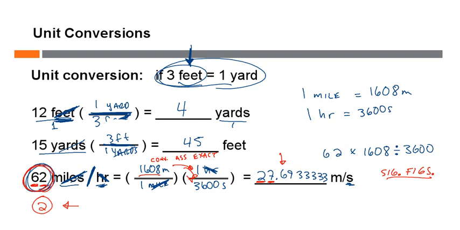So I'm going to round up, and I'm going to say the best answer is 28 meters per second. Now in here, if you go, well, that's about 27.7 meters per second, I can live with that. But the very best answer is this 28 meters per second. It has the proper number of significant figures, and that would be what you'd want to do.